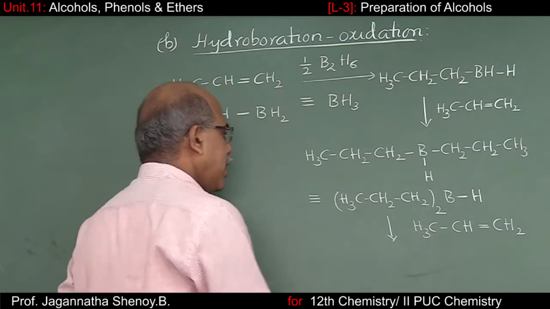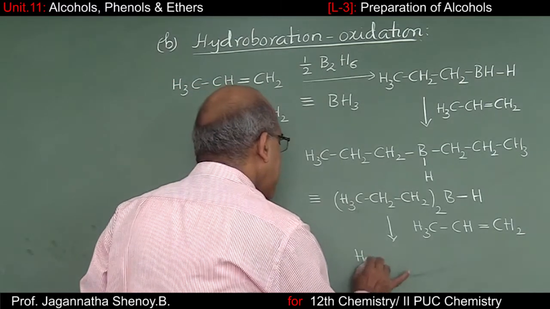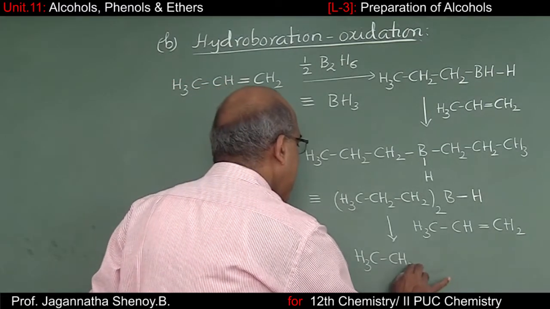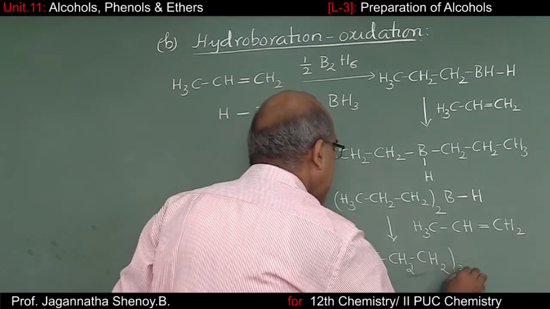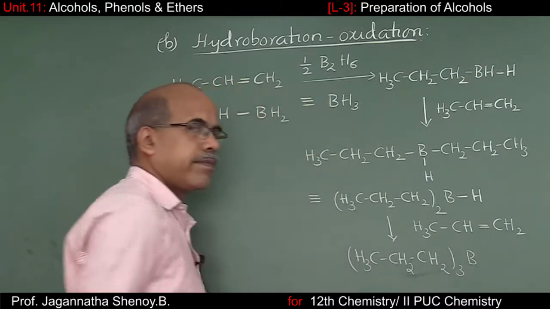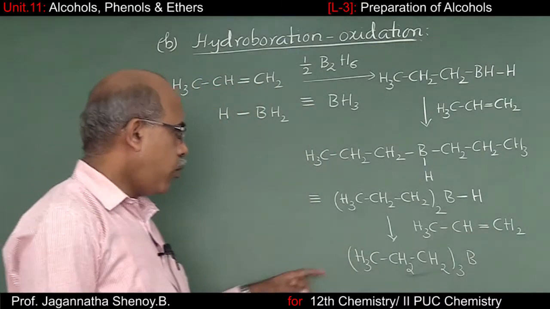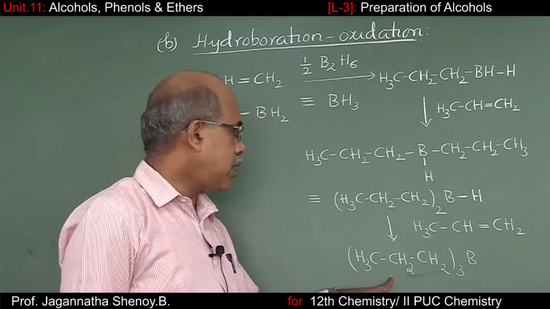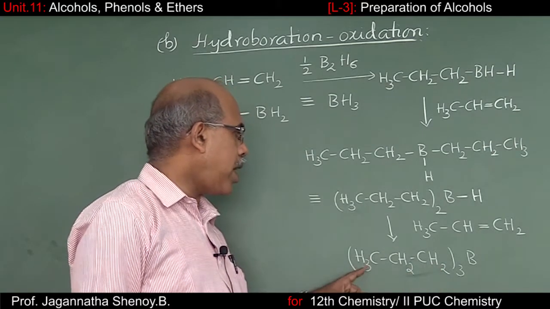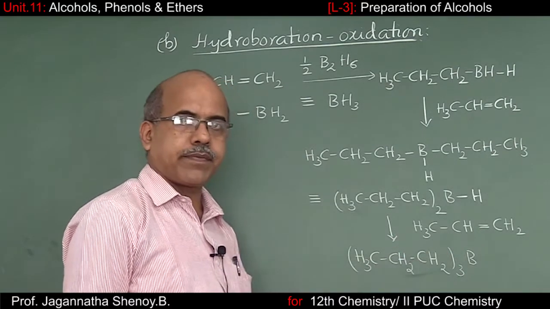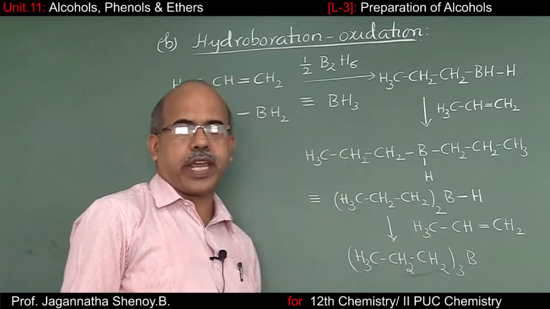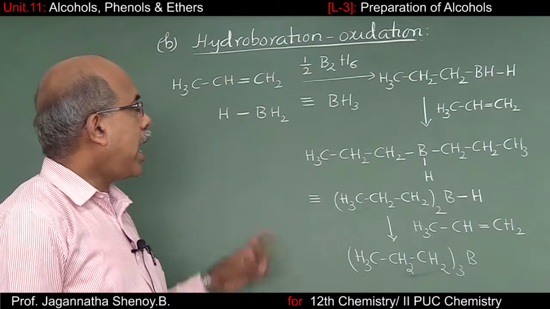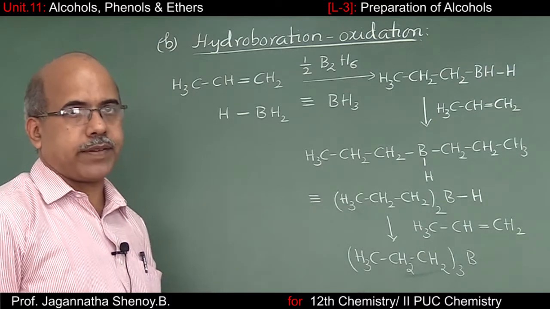Or in other words, what I get is CH3 CH2 CH2, 3 times B. Or in other words, what is the name of the product? It is N-propyl borane. Or I can say tri-N-propyl borane. So this is the product at the end of step number 1.